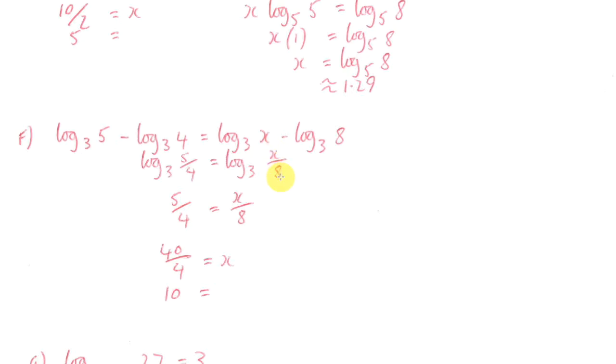Now because I'm doing the log base 3 of both sides, I can just simply equate what's inside the brackets of these. So 5 on 4 equals x on 8. Then multiply both sides by 8 and simplify, get x equaling 10.